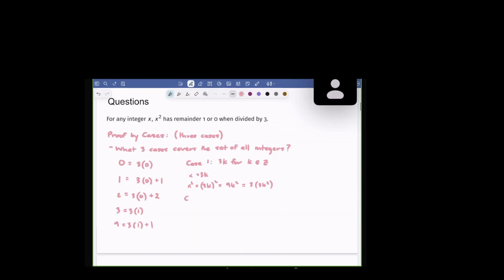Case 2 is that x can be represented by 3k plus 1.